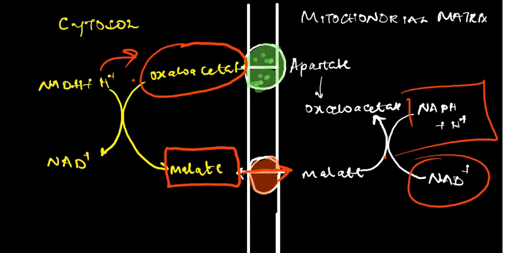The resulting oxaloacetate undergoes transamination. Transamination is an addition of an amine group. It undergoes transamination to form aspartate, and what enables that is aspartate aminotransferase.